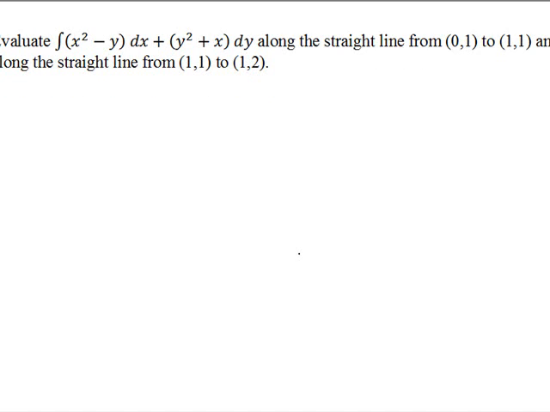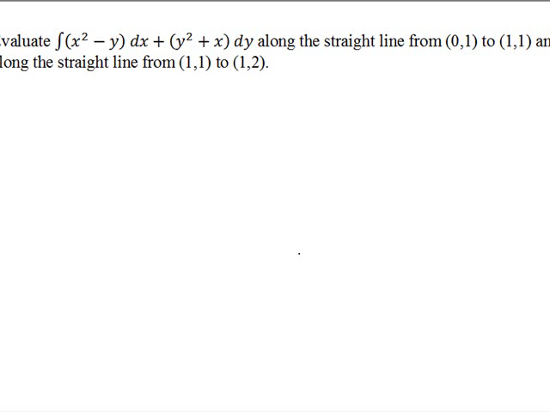Evaluate the integral of (x squared minus y) dx plus (y squared plus x) dy along the straight line from (0, 1) to (1, 1), and then along the straight line from (1, 1) to (1, 2). Let's take (0, 1) to (1, 1) first.